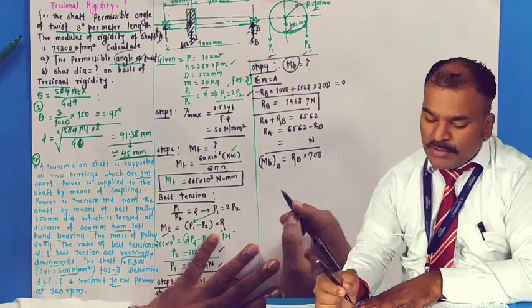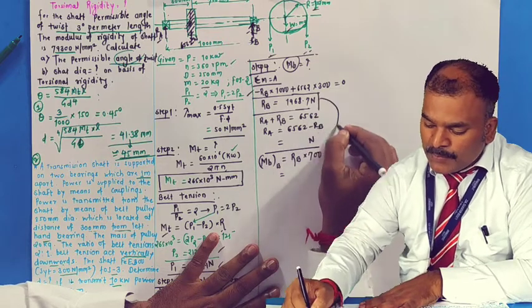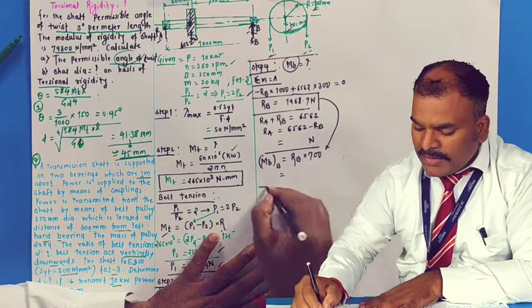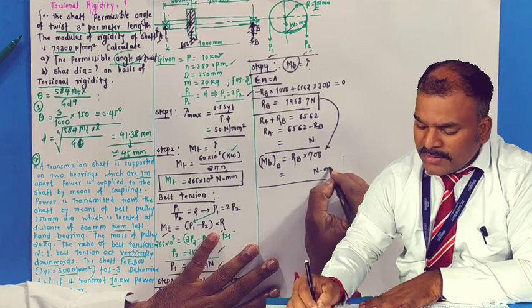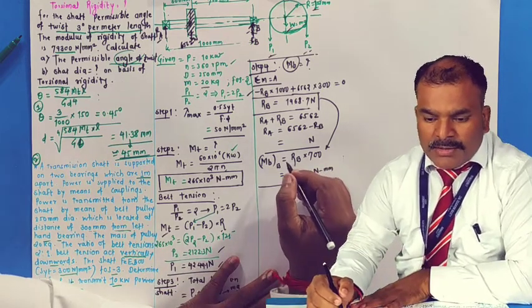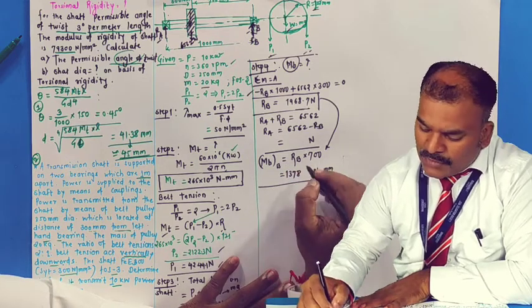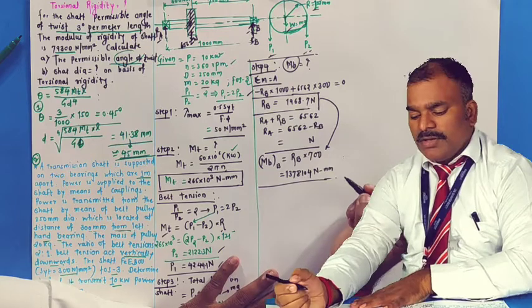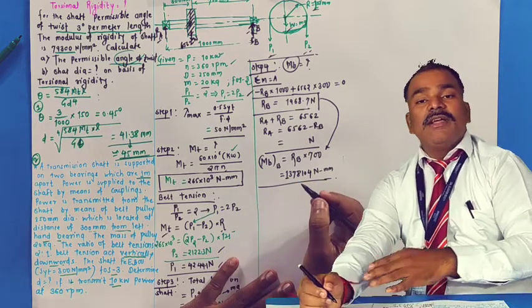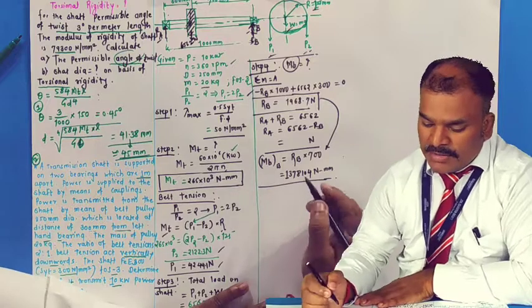That will be the bending moment. Therefore I put the value of RB over here. By multiplying it, I'll get the answer in Newton mm. I'll directly write the answer: 1378104 Newton mm. So this will be the bending moment at B, which is the maximum side. So that will have to be selected.